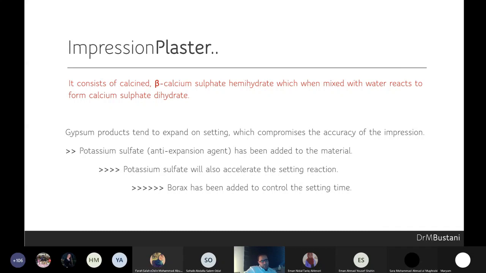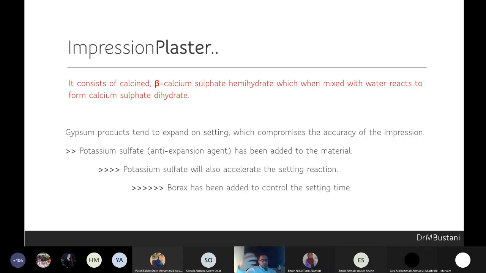This slide I mainly put just to show you how impression material components are made. The impression plasters are made of gypsum, which is beta calcium sulfate hemihydrate, then mixed with water until it rehydrates and forms calcium dihydrate.